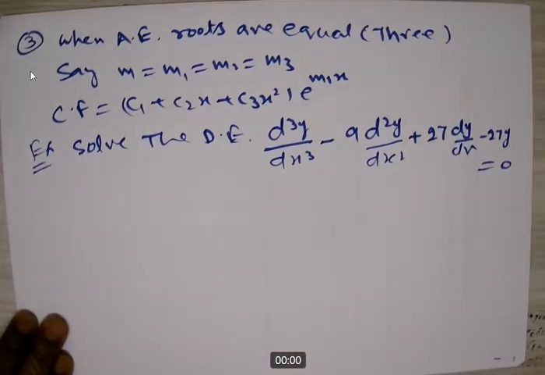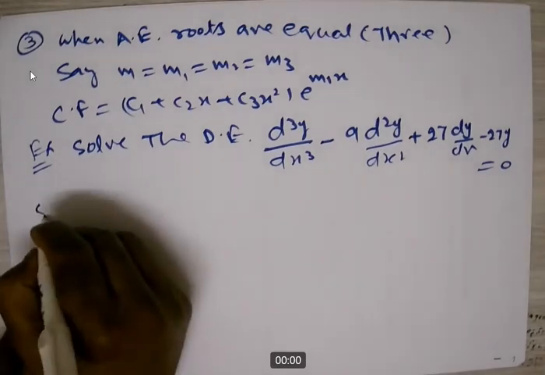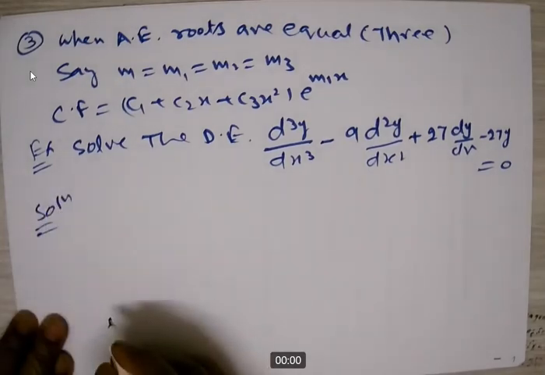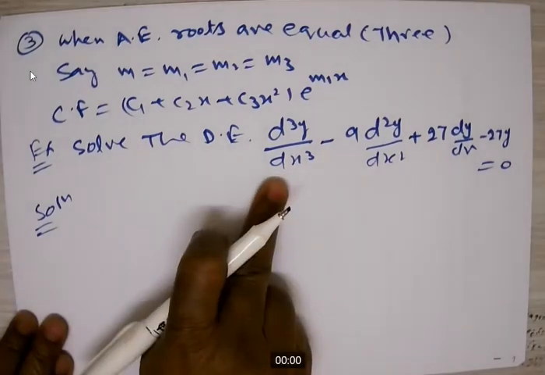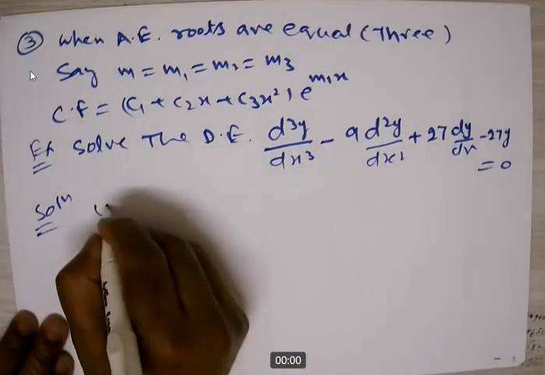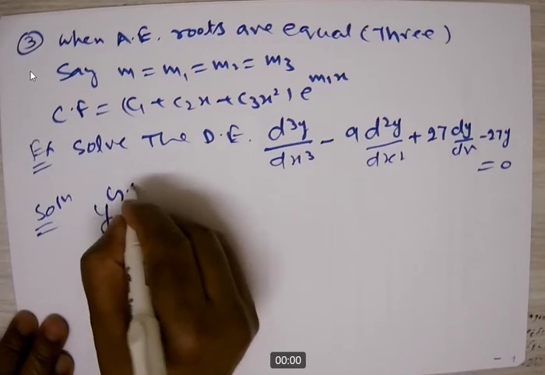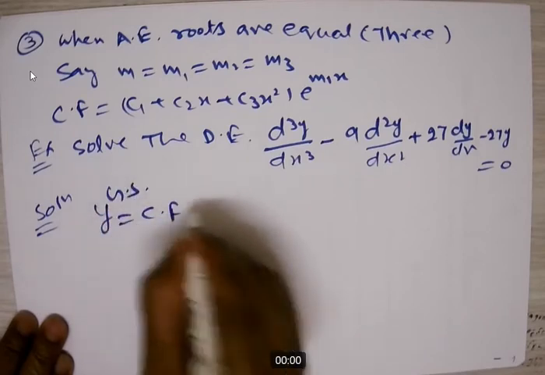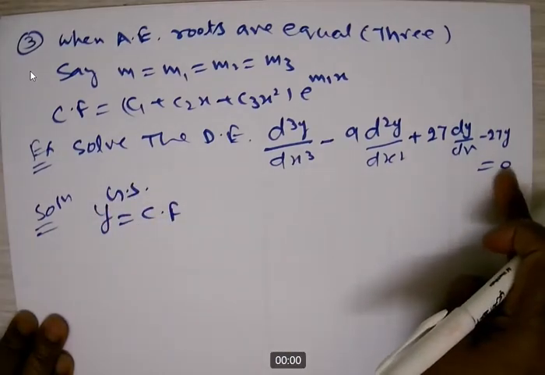Solve this differential equation. First of all, we need to write the general solution. What is the general solution? General solution is y is equal to CF only, because the right hand side is given 0.